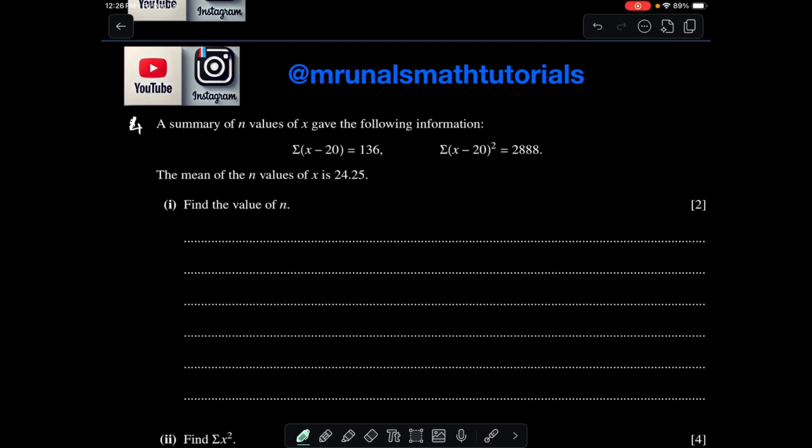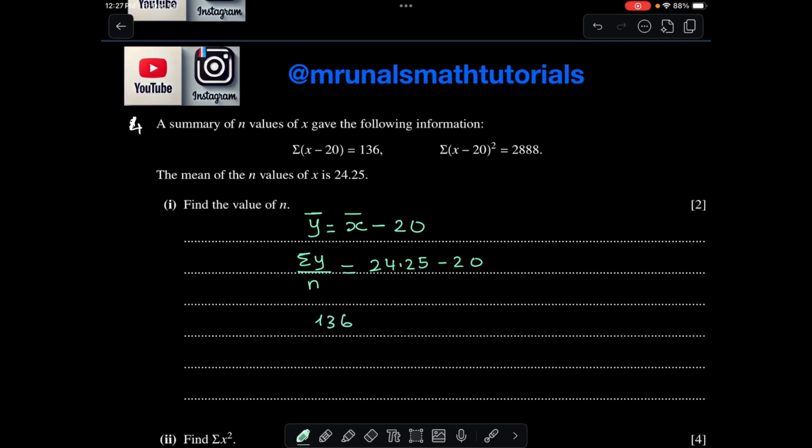As usual, let's write down y equal to x minus 20. This means that the mean of y is equal to mean of x minus 20. So we have this as sum of y divided by n equal to the mean of x, which is already given to us, so I'm just going to substitute that as 24.25 minus 20. So the sum of y given to us is 136.